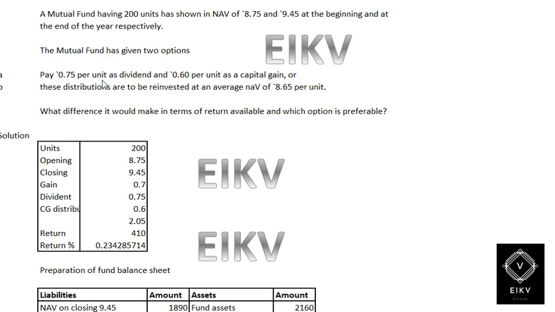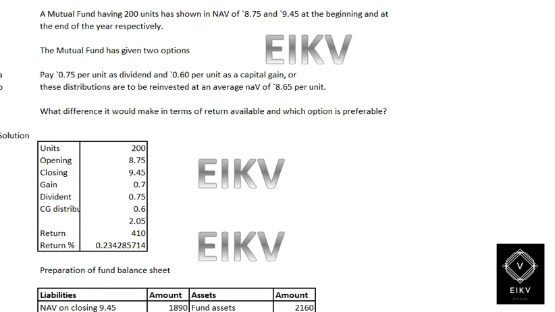Number one, pay 0.75 per unit as dividend and 0.6 per unit as capital gain. Or the distribution are to be reinvested at an average of 8.65 per unit. What difference would it make in terms of return available and which option is preferable?